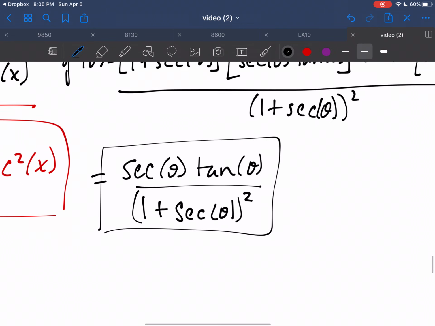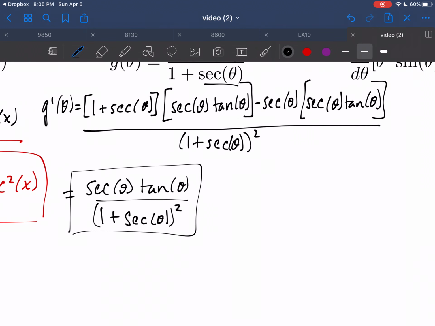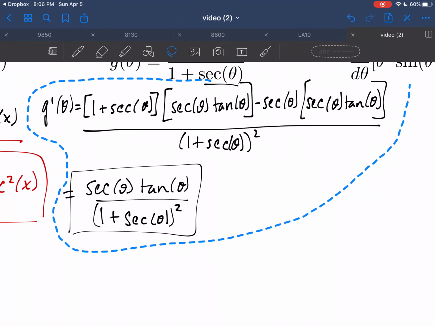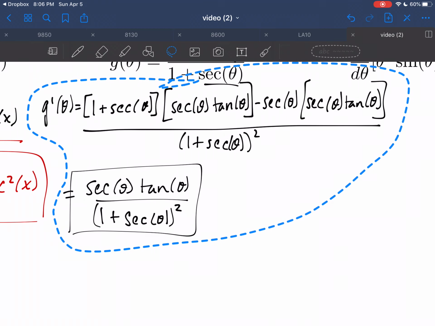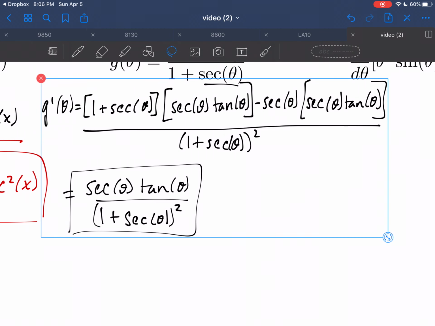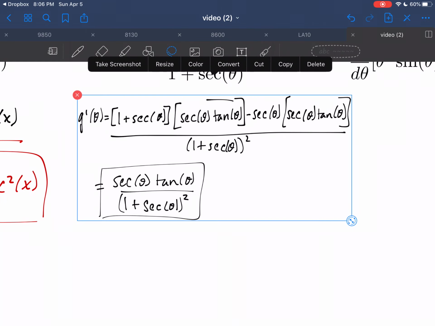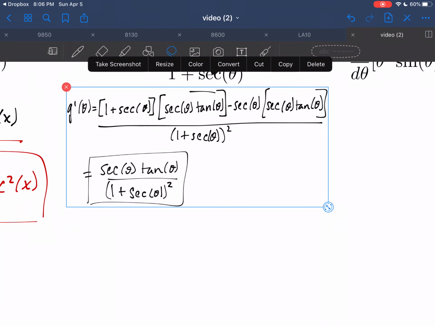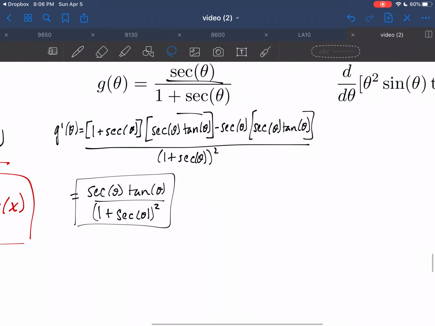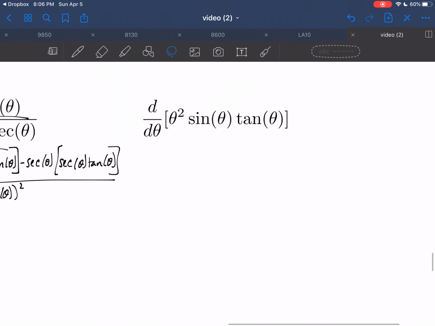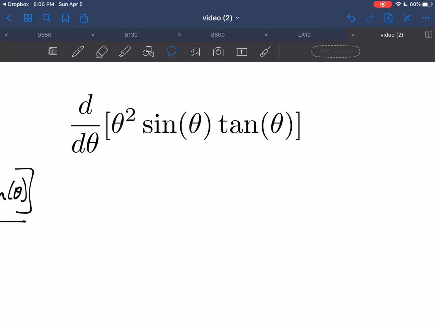I would suggest you distribute these and make sure you know how they cancel. It should work out just fine and not be any issues. All right, so if I scoot that one over, we can do this last one of these example types.